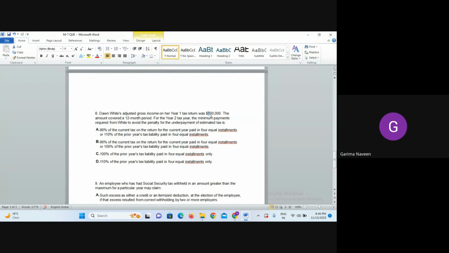Since they have only $100,000 of AGI in prior year, that means the 100% of prior year limit will be applied, not 110%. So correct answer should be B. Any doubt in this question?